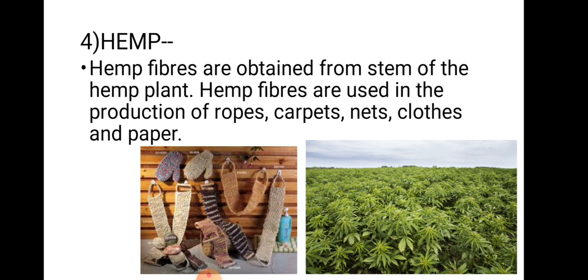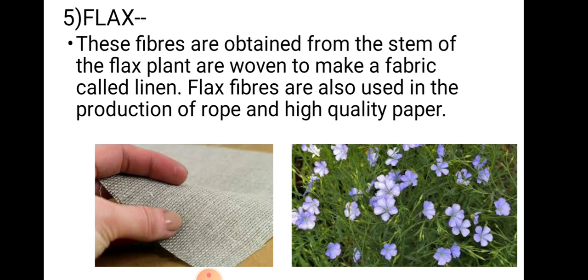Gloves are also given here. Gloves, ropes, carpet. These all are made from the hemp fiber. And the plant is also shown here in the picture. This is a hemp plant. From the stem of this hemp plant, we get hemp fiber.